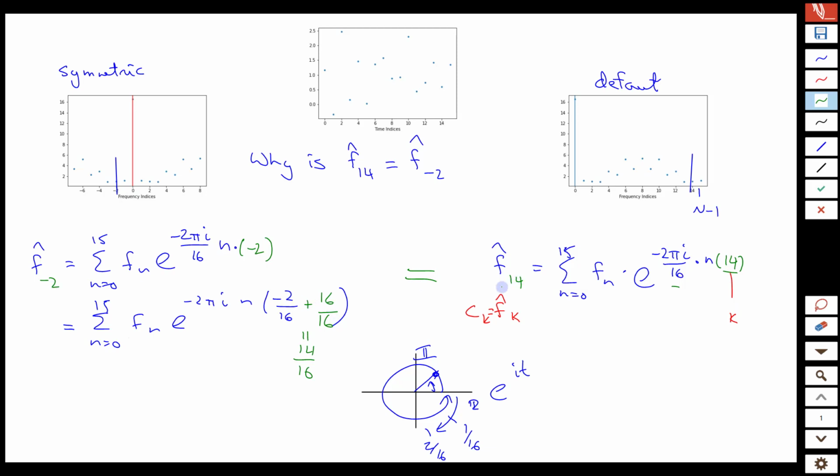Anytime we have an index of 14, we can add any number of 16 multipliers. So that's actually the same if we wanted to, of 14 plus 16 is 30, or we could do another f hat of 46, or going the other direction, this is where we subtract 16 and we get negative 2, and we could keep going down the other direction.